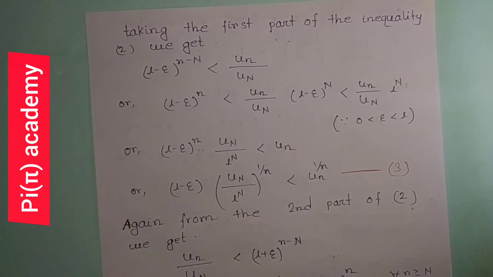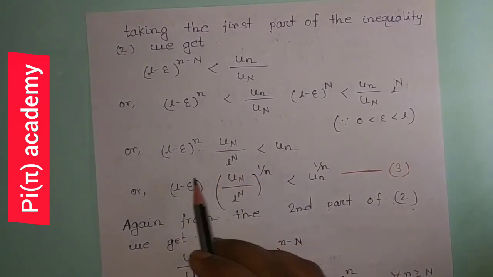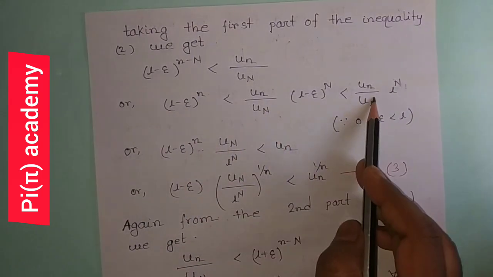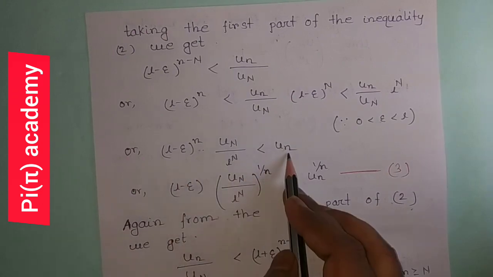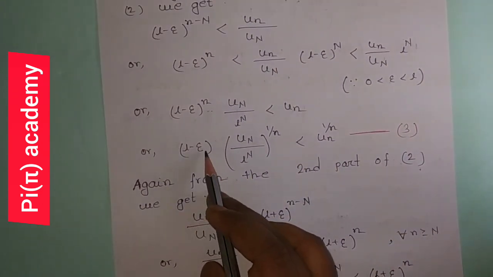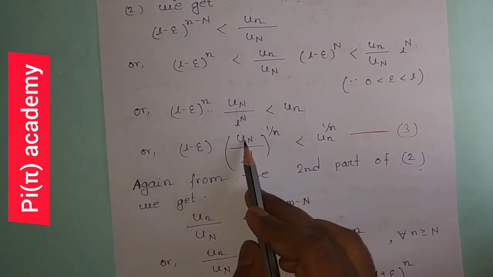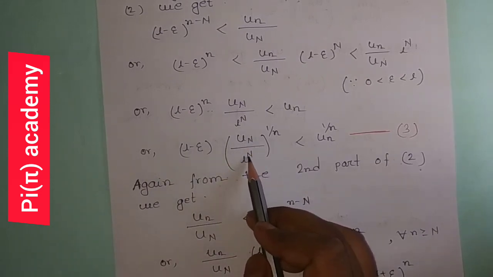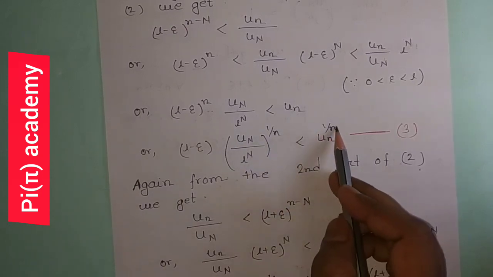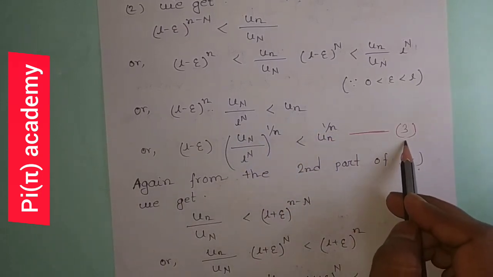Therefore from this and this we get this, and therefore we get L minus epsilon times u_N by L to the power n, whole to the power 1 by n, less than u_n whole to the power 1 by n. This is in equation 3.